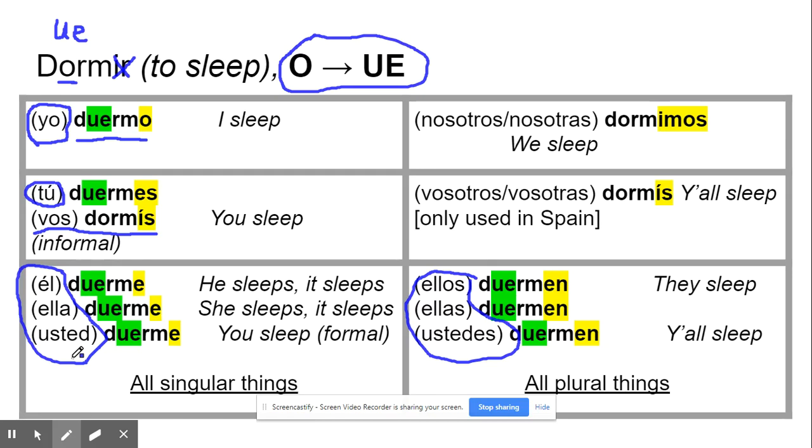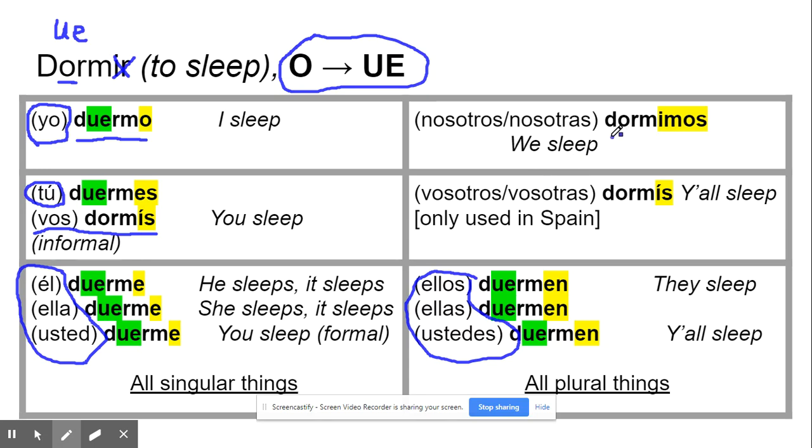And as you can see, highlighted in green, that O changed to a UE. And I have the regular IR verb él, ella, usted ending, which is the letter E. So duerme can mean he sleeps, it sleeps, she sleeps, you sleep. And you sleep would be formal. Then let's go over to nosotras and nosotros ending.